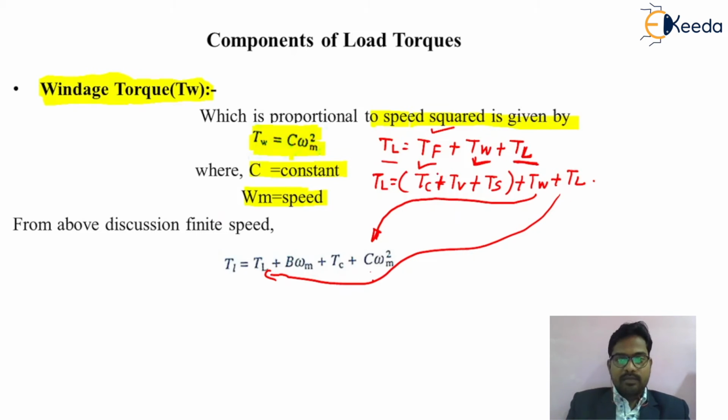The values of TC and TV are as it is, and the value of TS, which is called static friction, we consider as not taken into account.